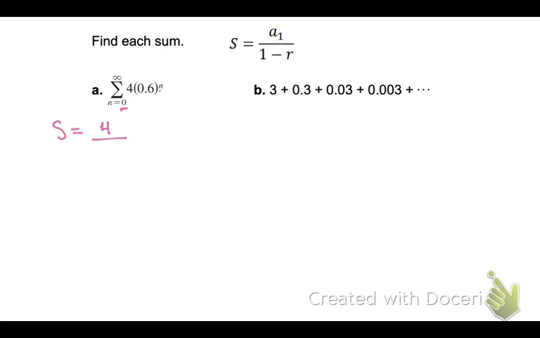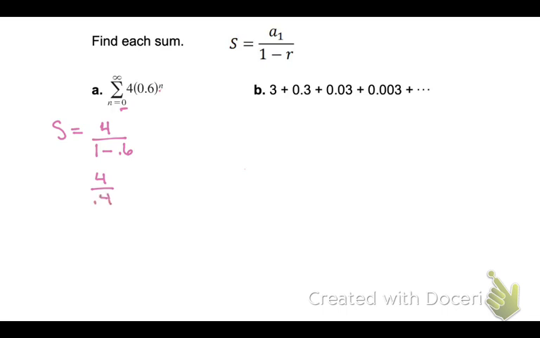So you put 0 in for n? Yep, just like we've been doing. And then 1 minus r. What's r? 0.6. So I have 4 over 0.4.